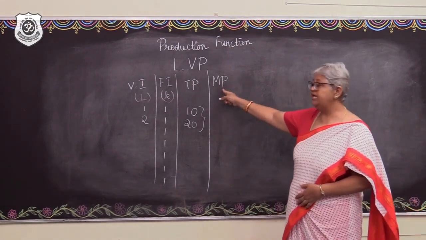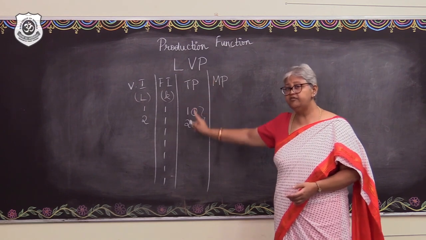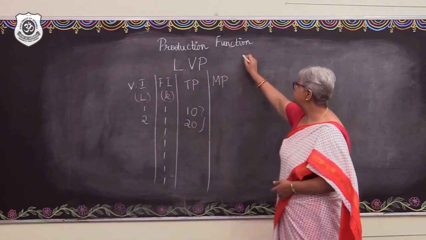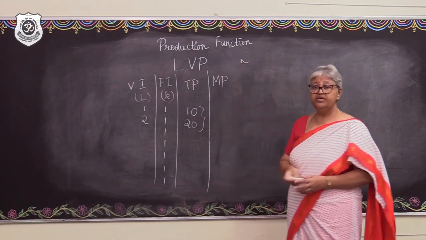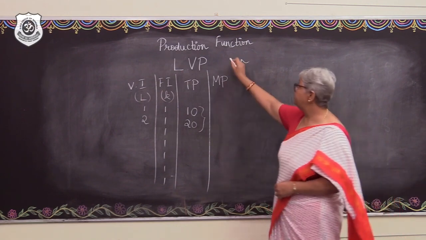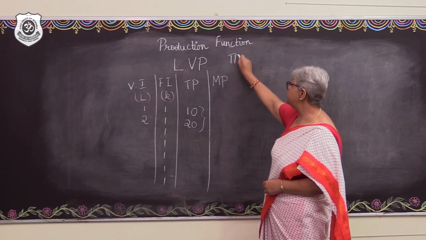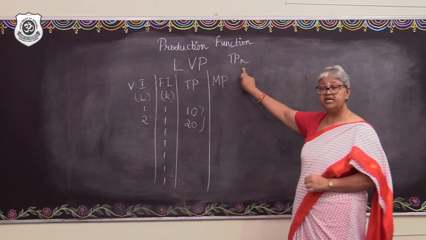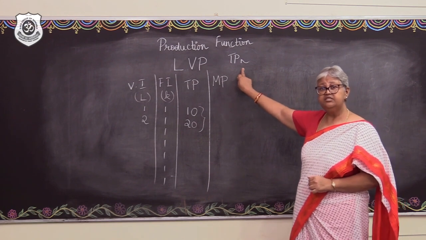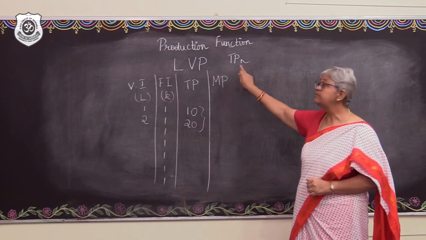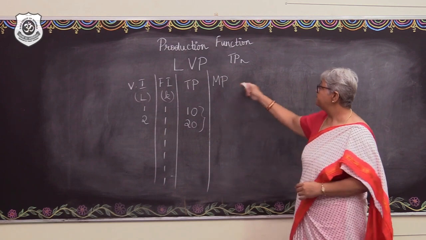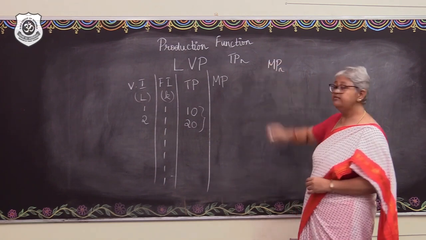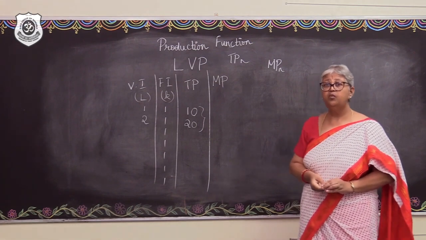It is calculated as the rate of change of the total product. If n units are produced, the total product will be referred to as TPn. Then the marginal product of the nth unit, what will that be?